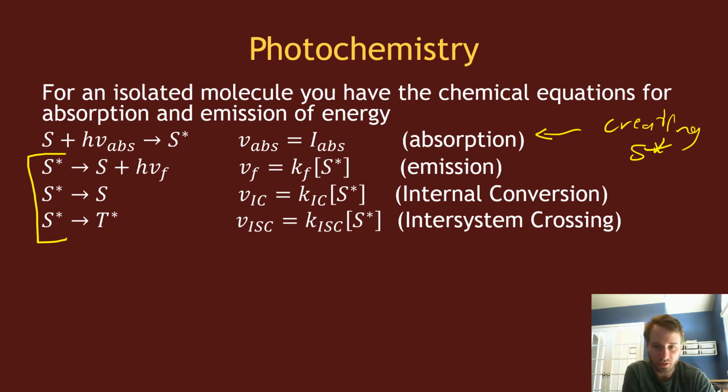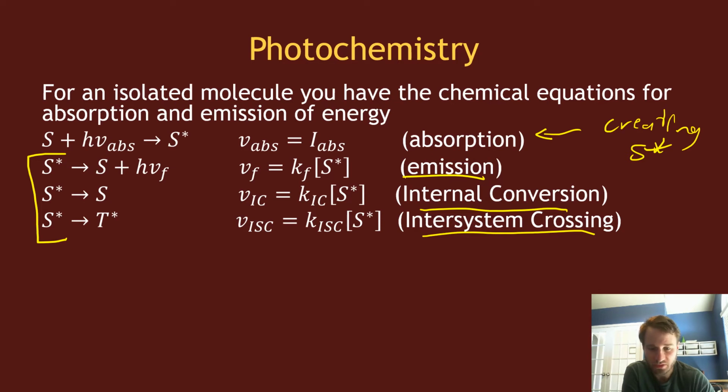The three we'll focus on are, again, emission, internal conversion, and intersystem crossing. Emission is it goes back down to the ground state by emitting light. Internal conversion is it goes back down to the ground state by releasing energy through vibrational energy and things like that. Or intersystem crossing is it goes to a triplet state.